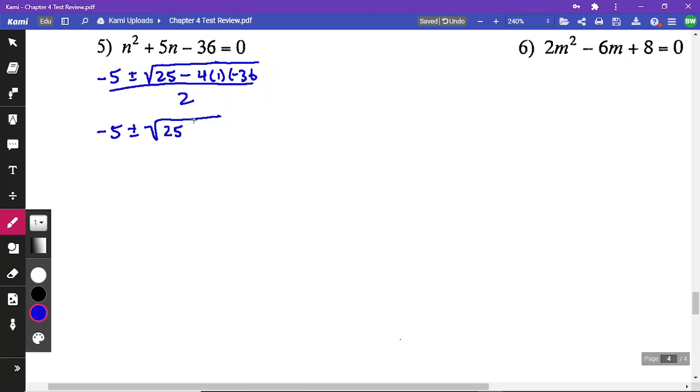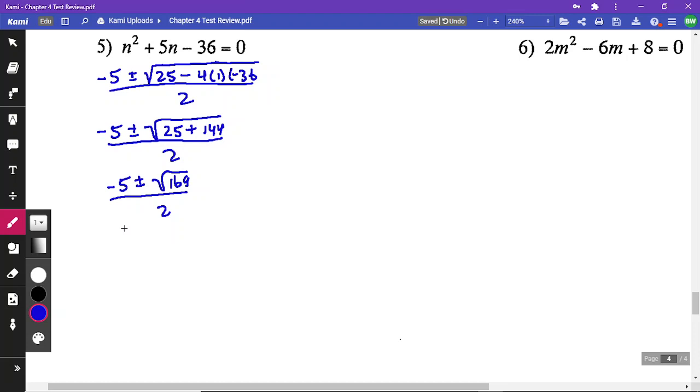Minus and negative, so it's going to be plus 4 times 36, 144, over 2, and this gives us the square root of 169, which is another perfect square, which is fun.